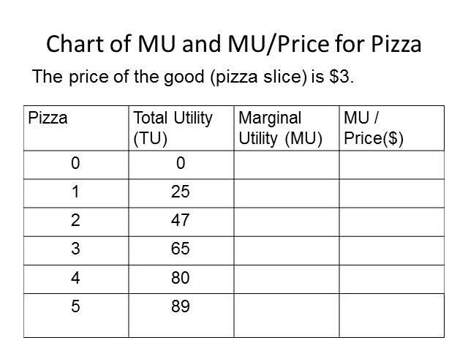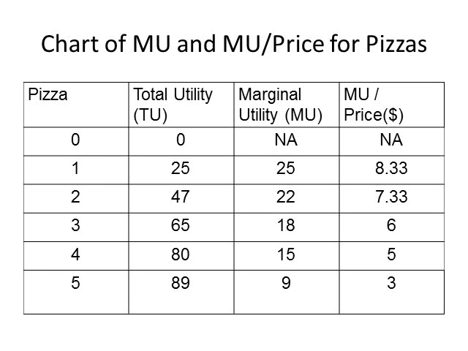Now let's look at pizza. Once again, we're going to look at the first couple slices of pizza that the person consumes, and then we'll leave the remaining parts of the table for you to fill out. But let's look at this in some detail first. This is what our chart looks like for pizza.